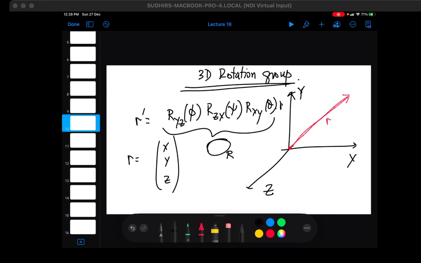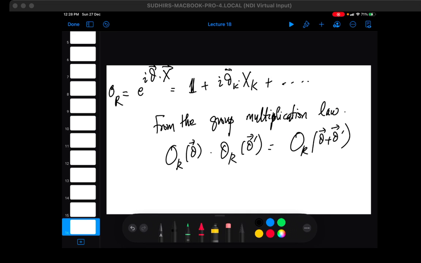So if we write it as e power i theta bar dot x bar times e power i theta prime bar dot x bar, the right hand side is essentially e power i (theta plus theta prime) bar dot x bar.